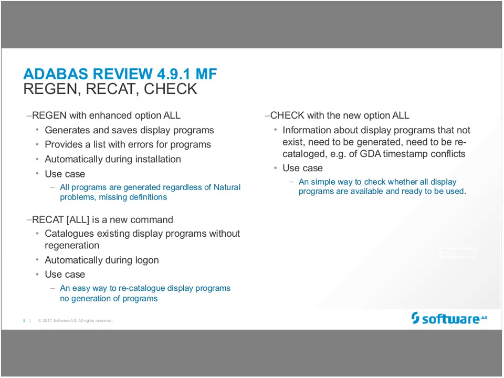And the check function was actually a beneficial thing because you can run it with a new option ALL, and you get information about the programs, which are okay, which are not okay, and which need to be generated again or recatalogued because of the GDA timestamp conflicts, things like that. So it makes it easier.